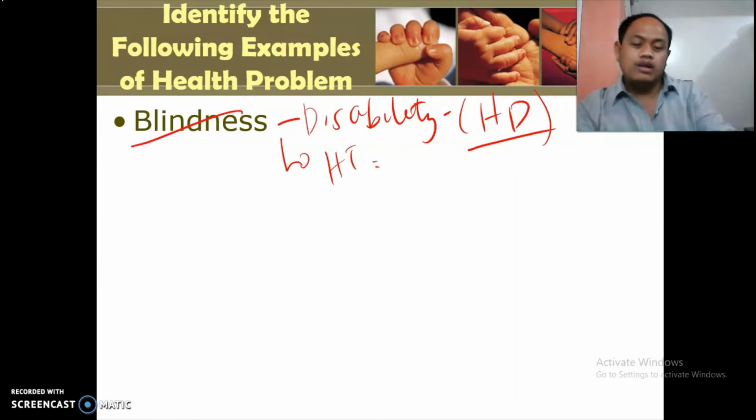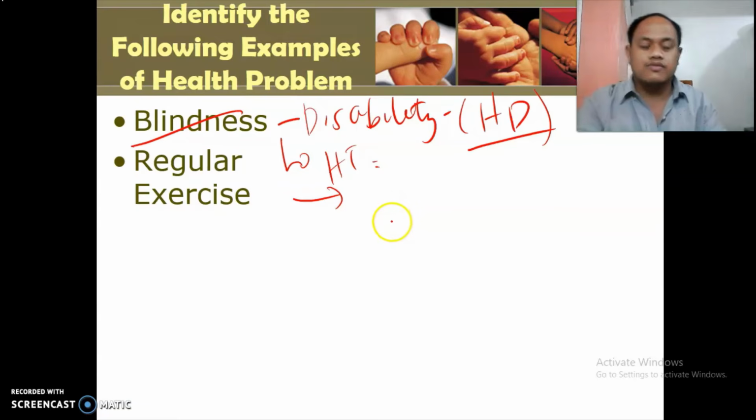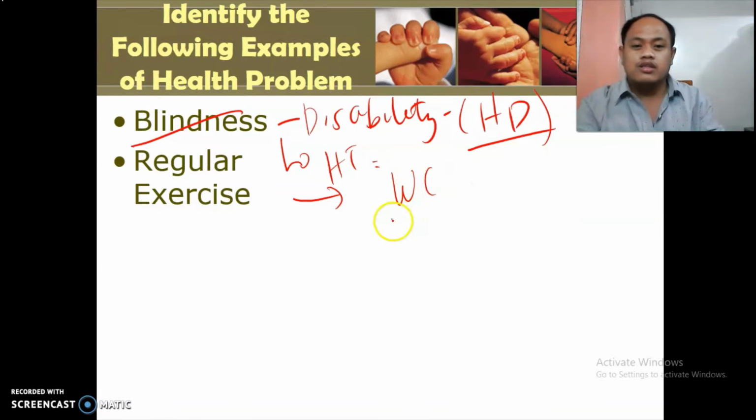Okay? Another one is your regular exercise. Ito napakalinaw naman. O sige, 5 seconds. So regular exercise is an example of, is it a wellness condition, health deficit, health threat, or a foreseeable crisis or a stress point? Okay, so 5 seconds. Okay, so when I talk about regular exercise, this is an example of your wellness condition.